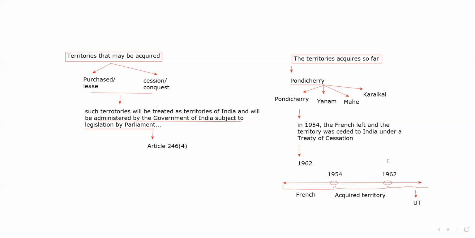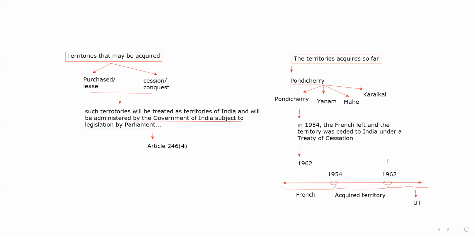The reason was that the treaty of cession, which was entered into between the French and India, was yet to be ratified by the Parliament of France. The French Parliament took this much time for the ratification of that treaty of cession of Pondicherry to India.